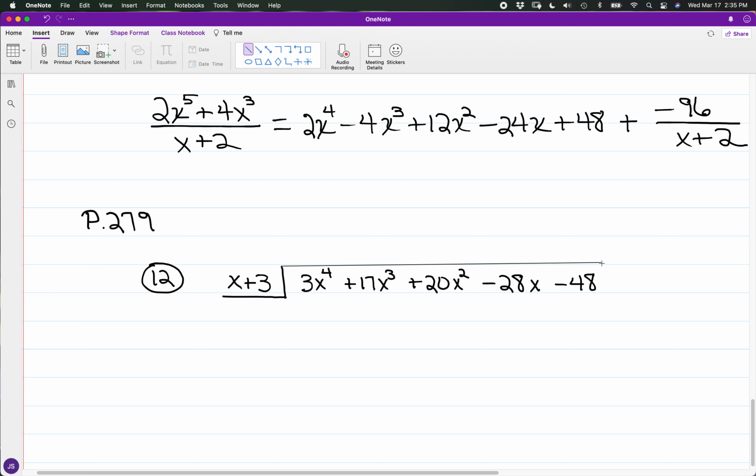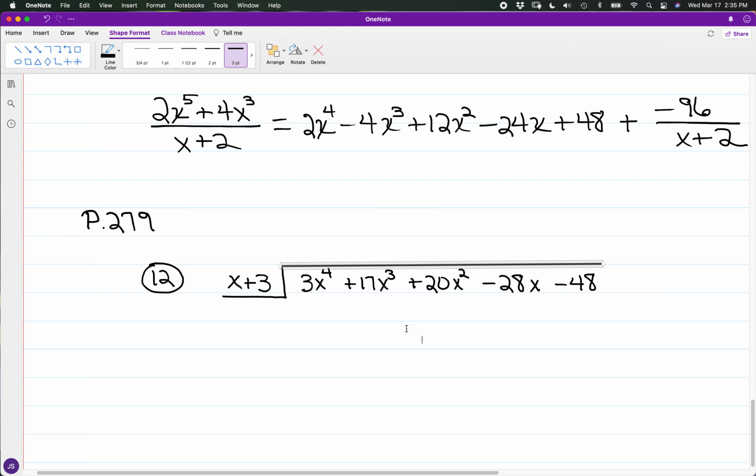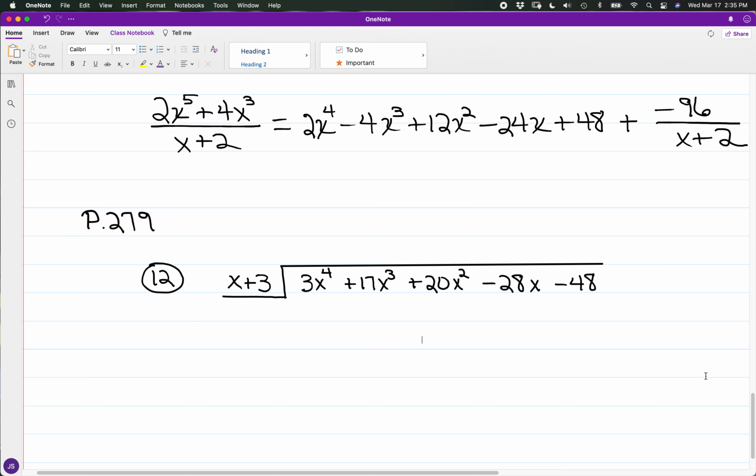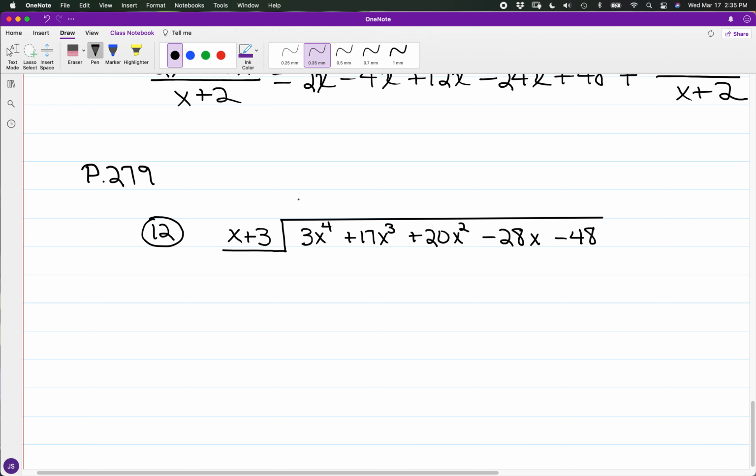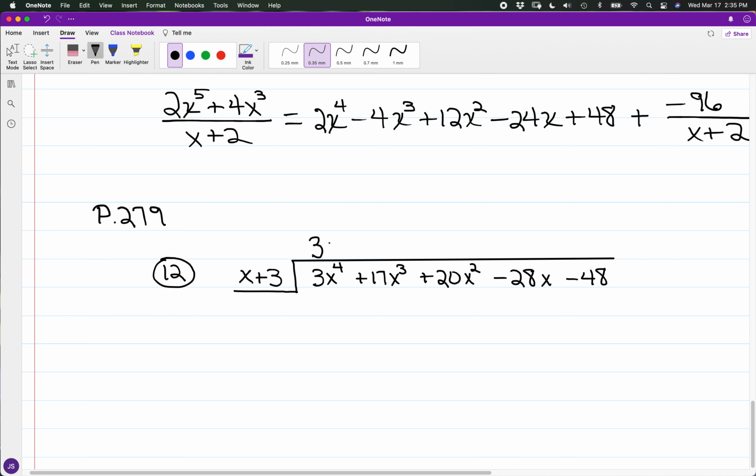Now with the nature of the divisor, you could do synthetic division on this one if the problem lets you do it as such. We have a first order expression with x plus 3. Now for the first term of the quotient, we have x into 3x to the fourth, so this will go 3x cubed times.